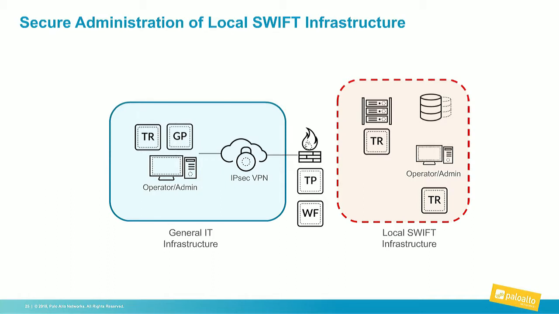And again, if you apply the principle of least privilege to limit the remote operator access to a specific group of users by user ID, this way you limit folks who can even try to get into that local SWIFT environment. And of course, you can also add filtering by application ID, so you can limit what particular applications they can get to within that environment as well. In other words, the idea here is to restrict access based on the user's role, as well as the specific functions that they need to access in that protected SWIFT environment.